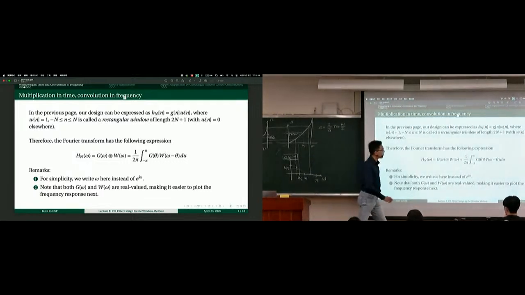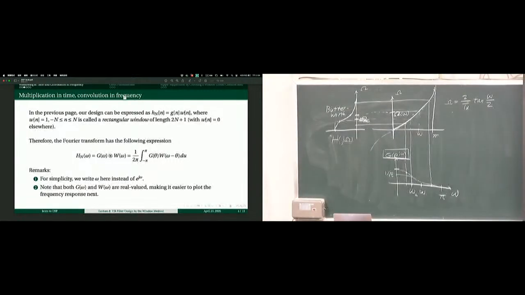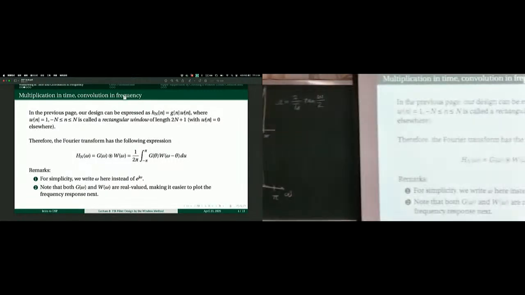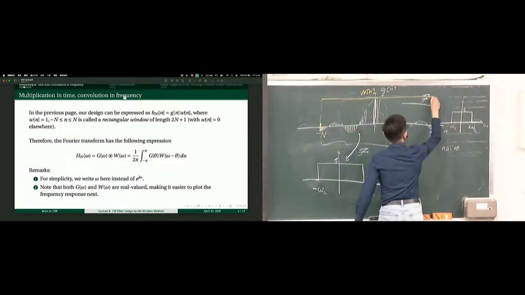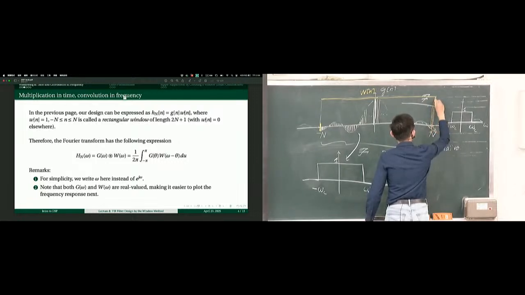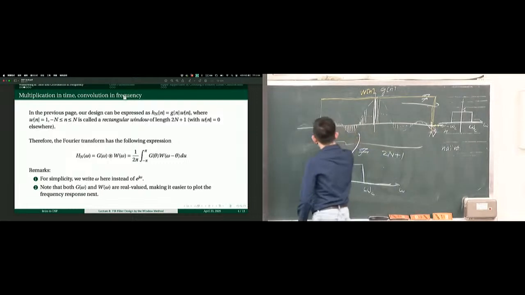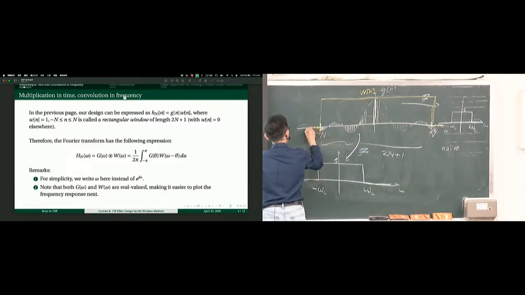So this is w of n. w of n is all 1 between minus n and n, including both edges, and 0 elsewhere. That's our window function in the time domain.